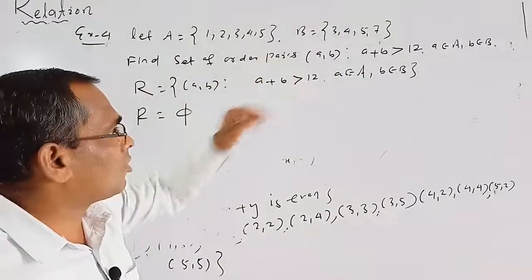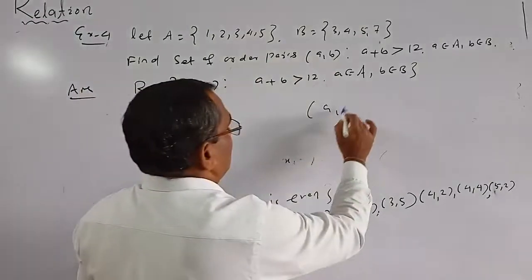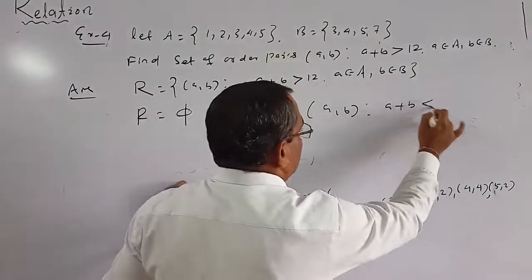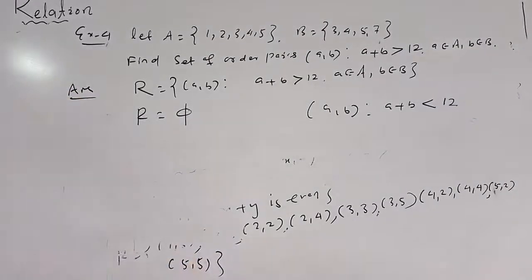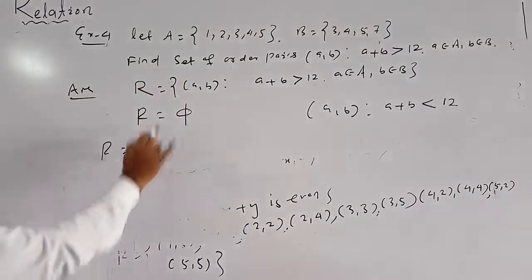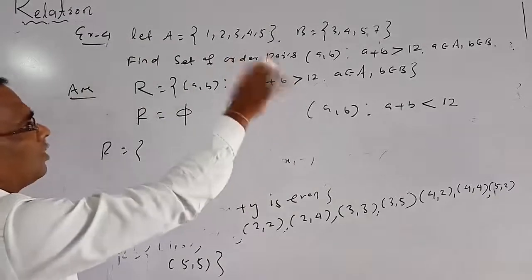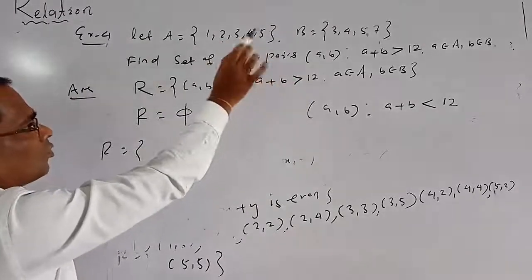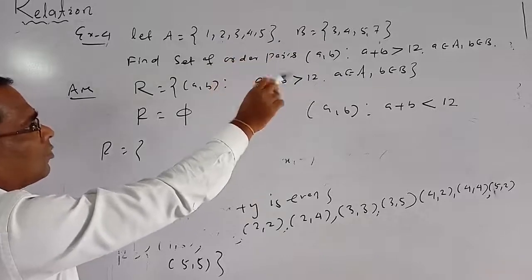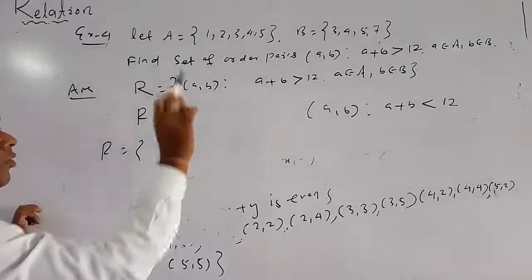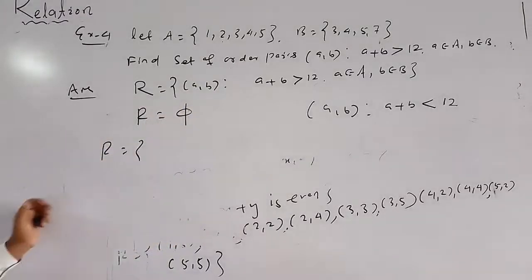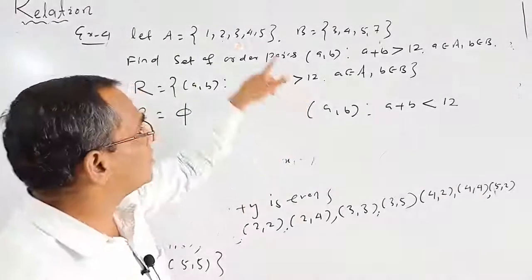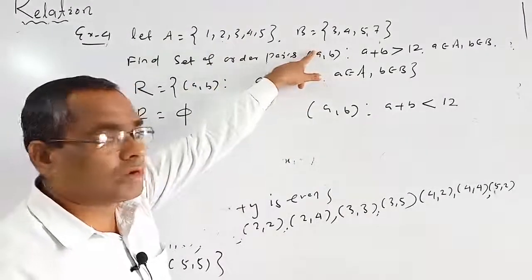Find the set of ordered pairs (a, b) such that a plus b is less than 12, where a belongs to A and b belongs to B. Here all ordered pairs are possible: (1,3), (1,4), (1,5), (1,7), (2,3), (2,4), (2,5), (2,7), (3,3), (3,4), (3,5), (3,7), (4,3), (4,4), (4,5), (4,7), (5,3), (5,4), (5,5), (5,7). So the number of ordered pairs is 5 into 4, so 20 ordered pairs are possible.